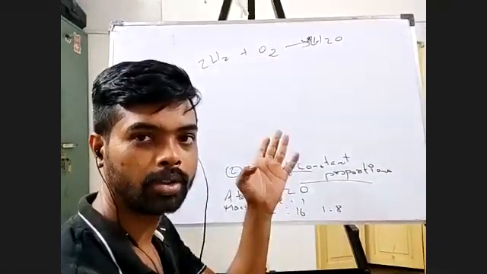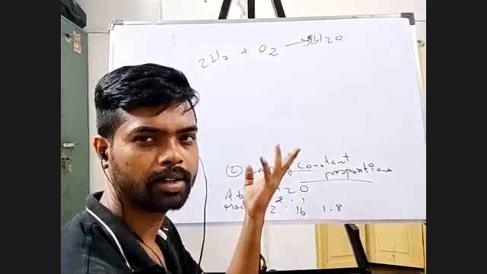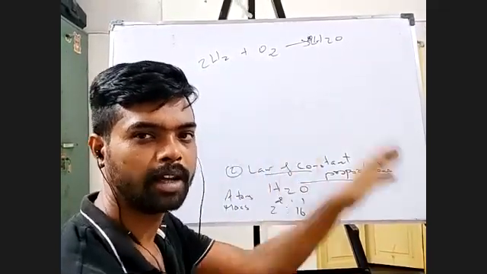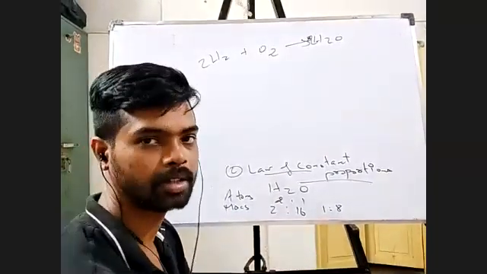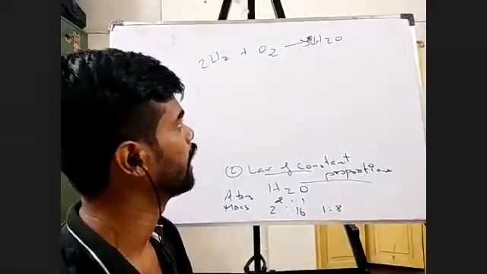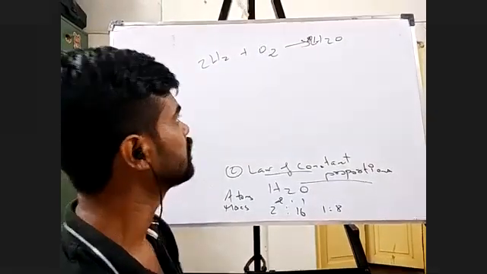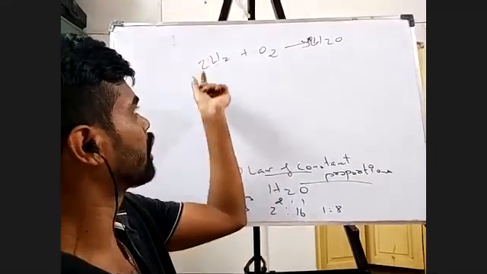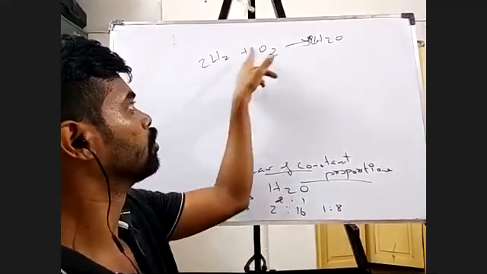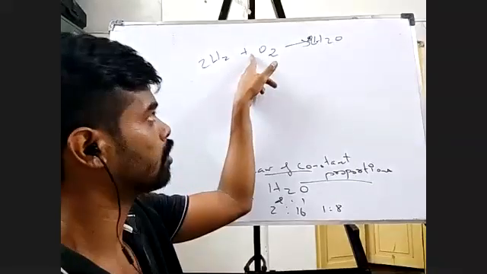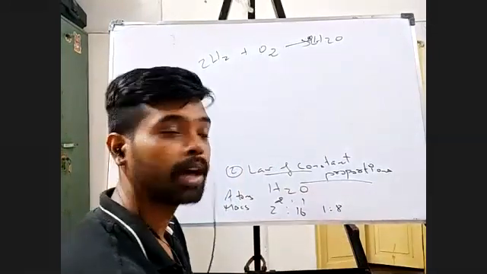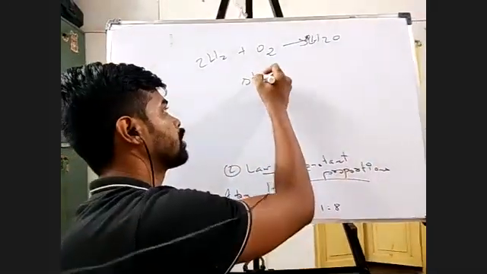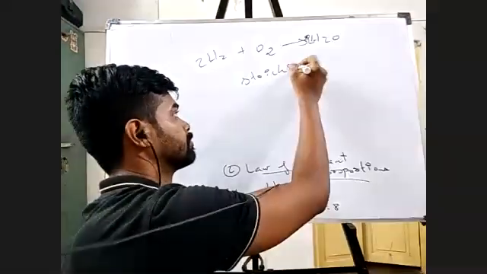Now why do we do this? The reason is the law of conservation of mass. In order for the law of conservation of mass to be valid, I balance the equation. Simple. Now the numbers I write, 2H2, 1O2, 2H2O, the numbers 2, 1, 2 are what are called stoichiometric coefficients.